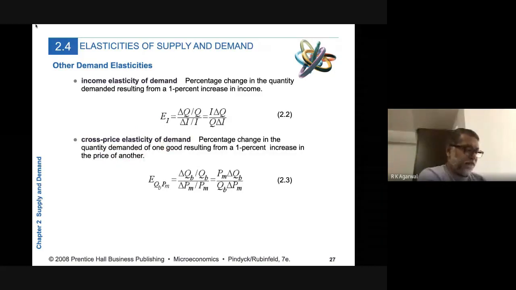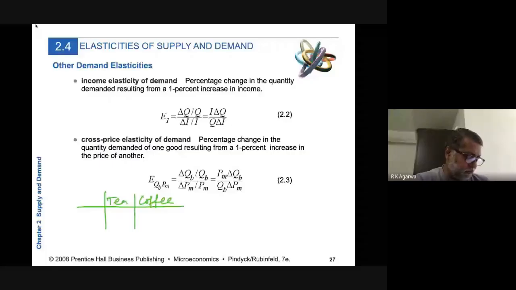So let us say we are talking about tea and coffee. Price of tea is 10 rupees and demand for tea is 100 units of tea. But we do not know what is the demand for coffee, and that is not essential also.